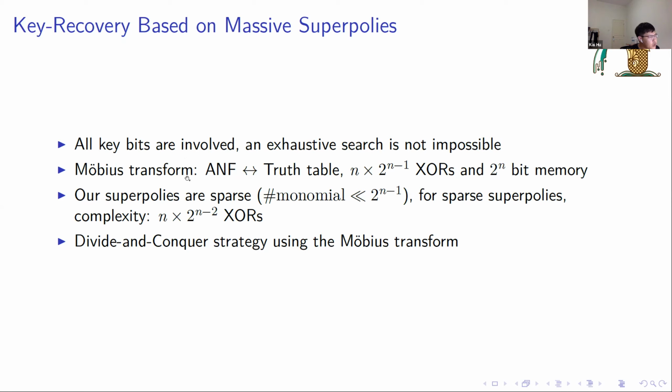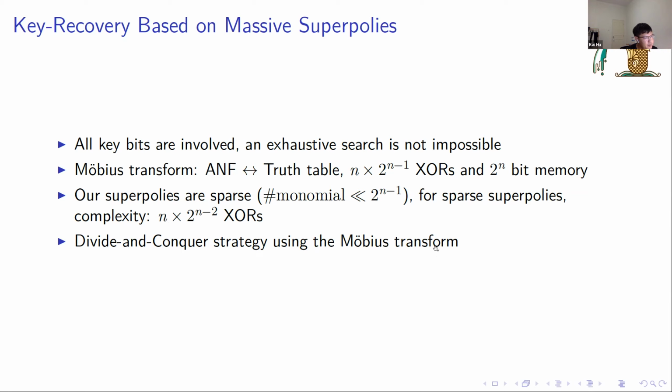As is well known, the Mobius transform can transform the ANF of a Boolean function to its truth table, or transform the truth table to its ANF with n times 2^(n-1) XORs. Also note that our superpolies, although very complicated, are still sparse compared to randomly chosen polynomials. So a fine-grained analysis can upper bound the complexity to n times 2^(n-2) XORs.